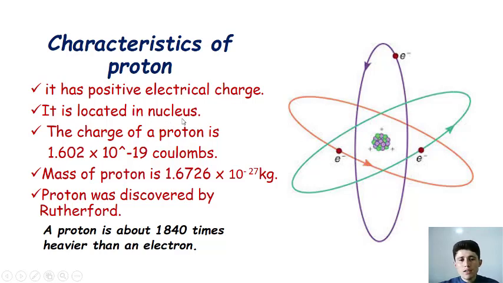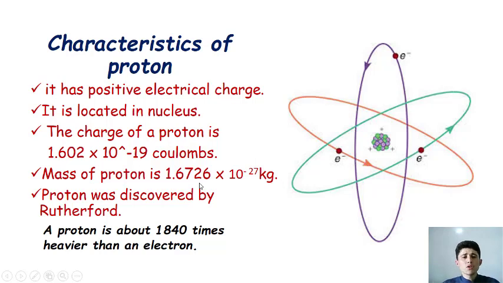It's located in the nucleus, and also the charge of a proton is about 1.602 times 10 to the power of negative 19 coulombs. This is the amount of charge of a proton. And also the mass of a proton is 1.6726 times 10 to the power of negative 27 kilograms. This is the mass of a proton.